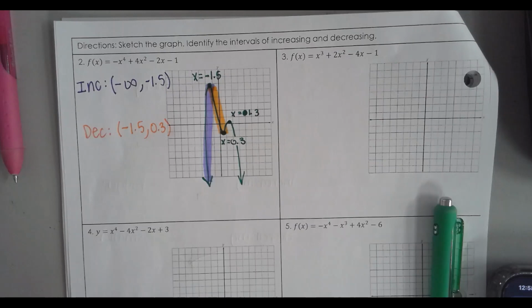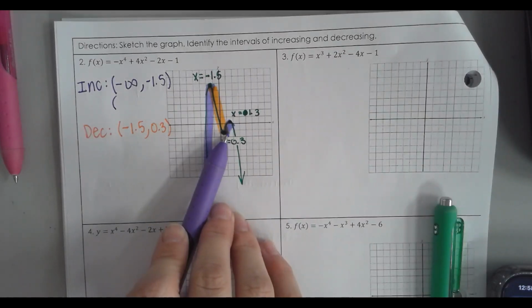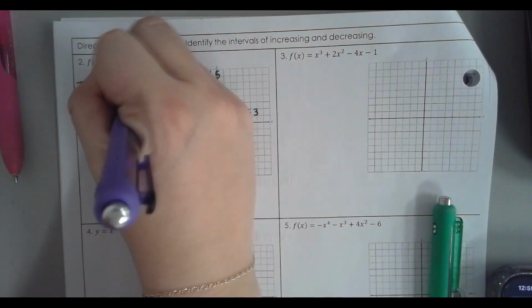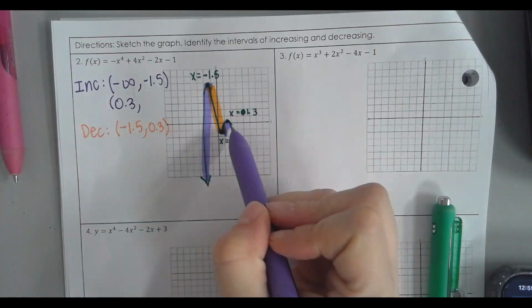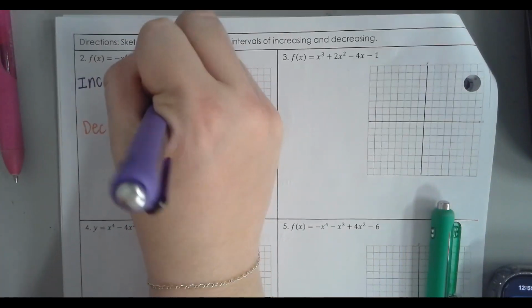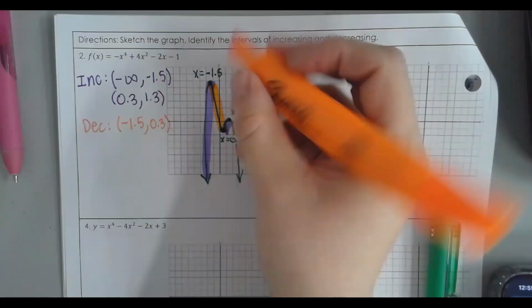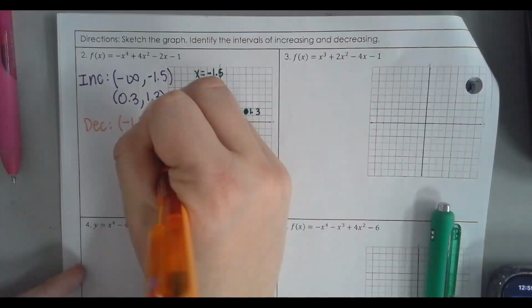Where do I start going up? 0.3. Where do I stop? 1.3. And then I go down. Where do I start going down at?